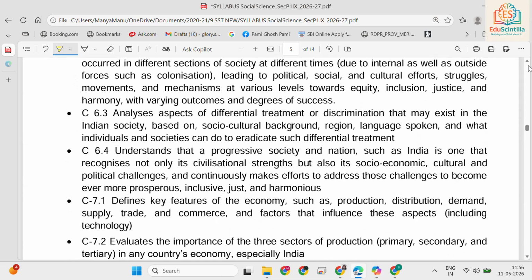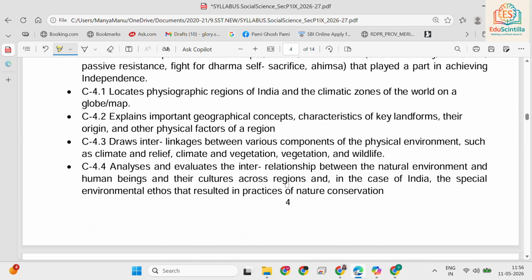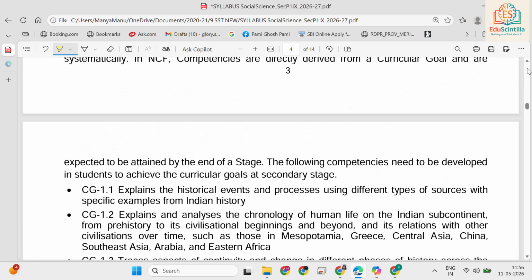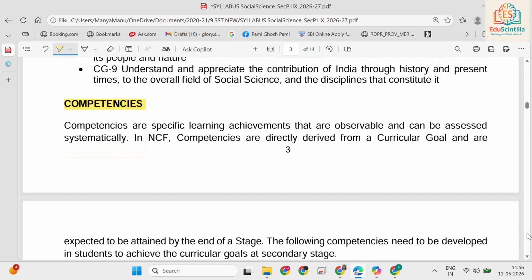So these are the competencies, and here is competency 4.2. It explains important geographical concepts, characteristics of key landforms, their origin, and other physical factors of a region. So this is what we are going to achieve at the end of the chapter.